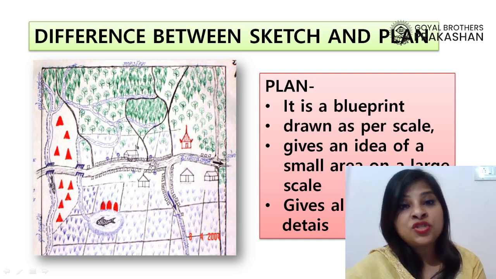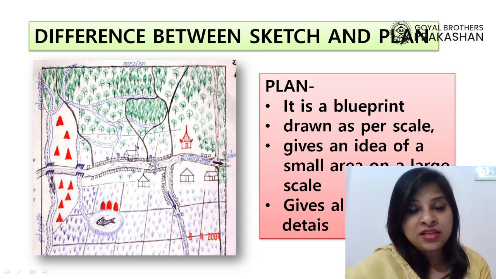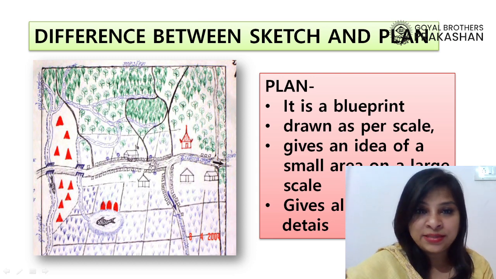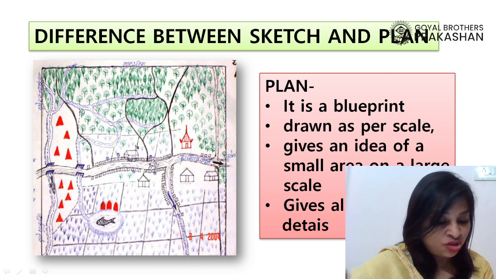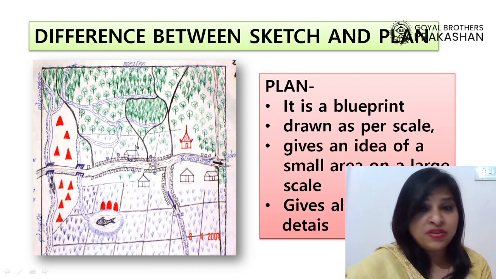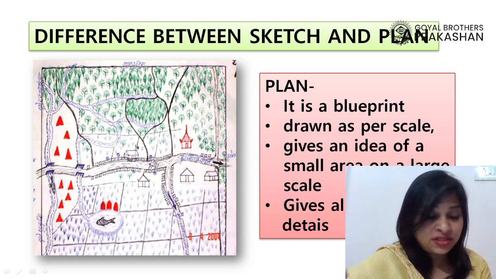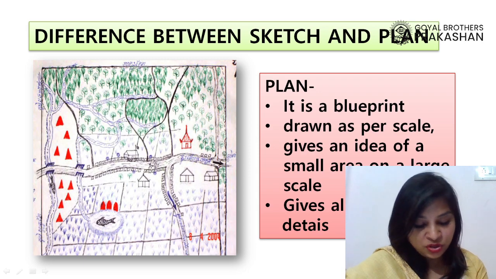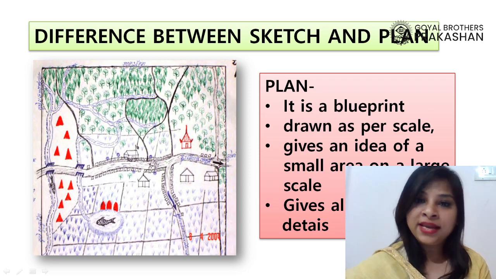It gives all necessary details about it: where is the tree, where is the house, where is the temple, where is the field, where is the forest, and everything. So detailed information about that particular area.